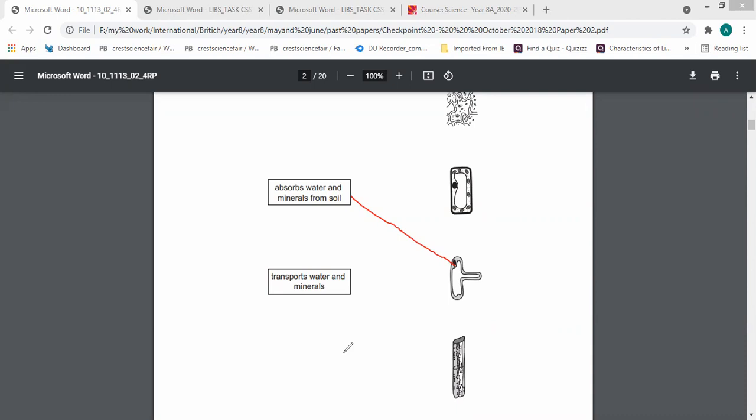Excellent, the xylem. And what is the function of the phloem, Jana? Transports the glucose. From where to where?